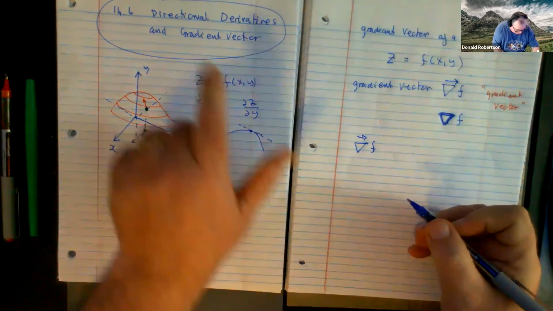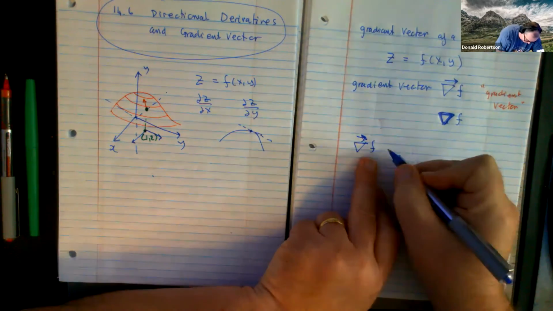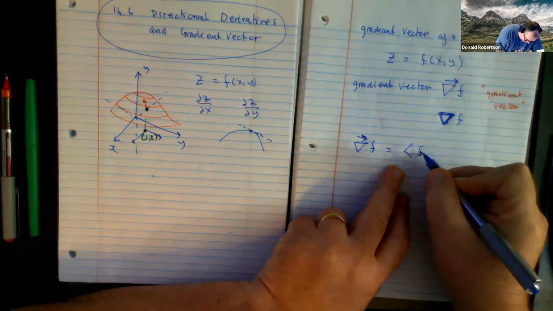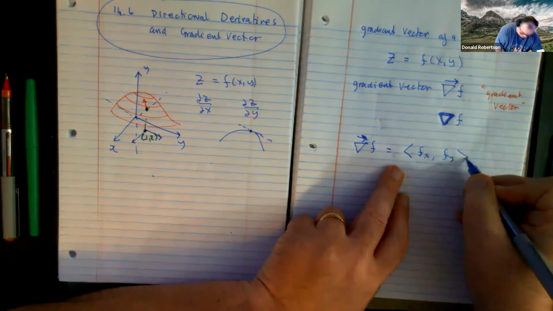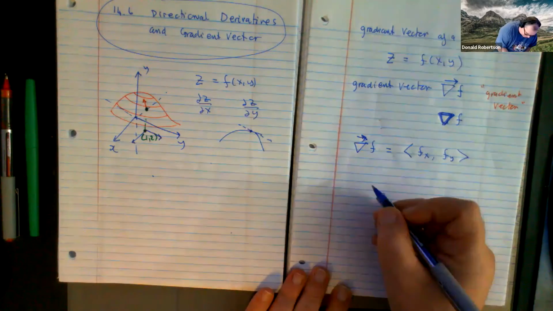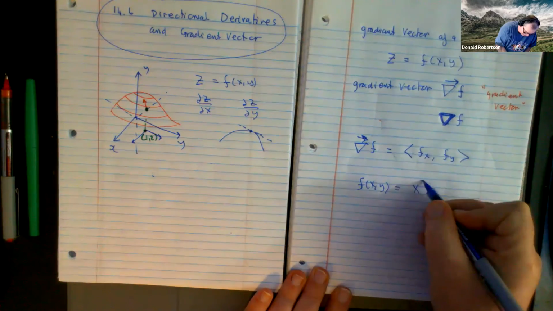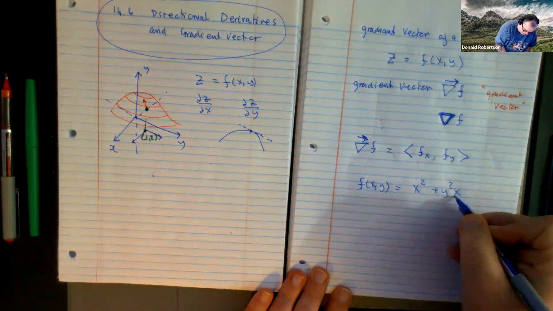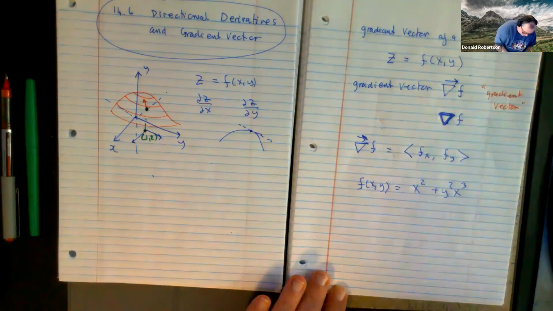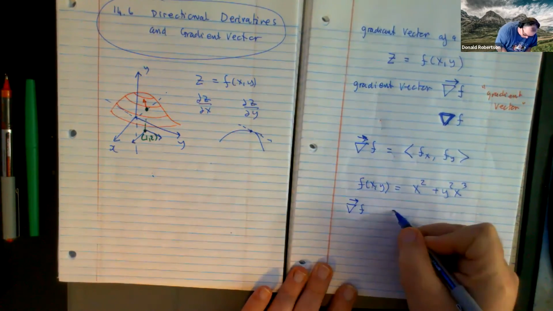So to get this thing called the directional derivative, I need to know how to get a gradient. And it's a vector. And that's how you do it. You find the partial derivative with respect to x, comma, the partial derivative with respect to y. So let's do one. Suppose I have a surface, x squared plus y squared x cubed, and I want to find the gradient of that function.